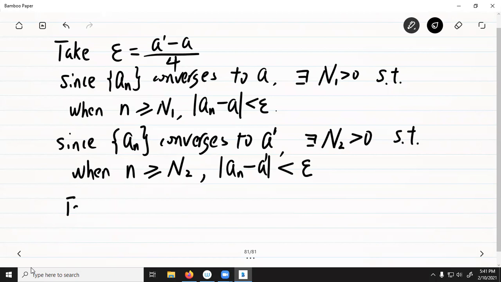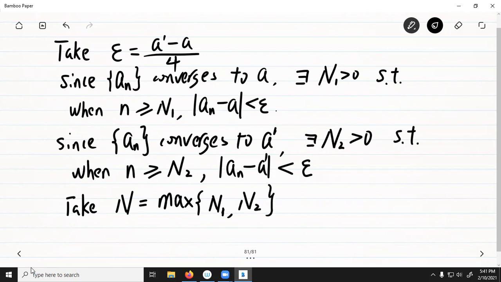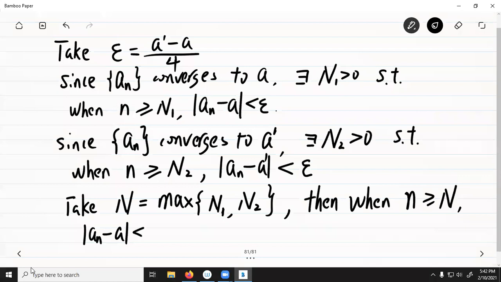Let's take this capital N to be the maximum of N sub 1 and N sub 2. Let me take the maximum of these two numbers. Then, when the index n is greater than or equal to this capital N, a sub n minus A is less than epsilon.